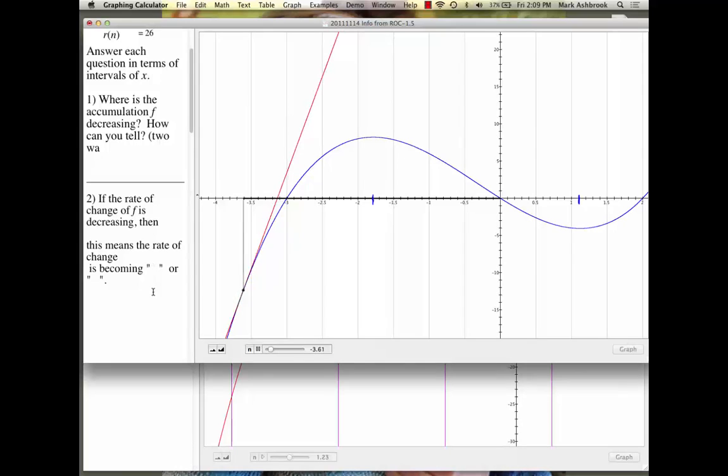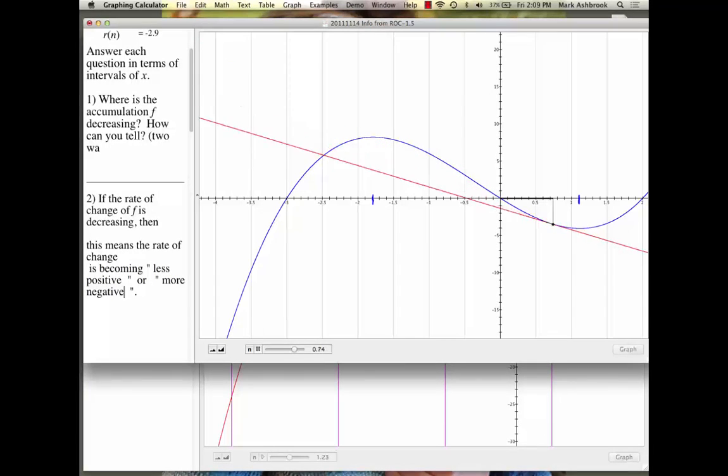I'm hearing some people say it. Someone in the back: the rate of change is becoming less positive or more negative. All right. Next question.